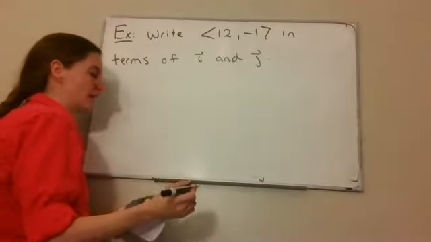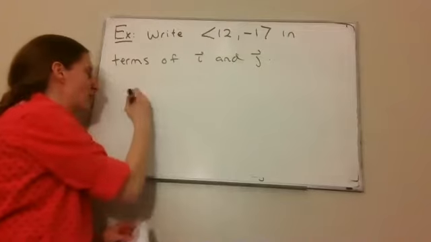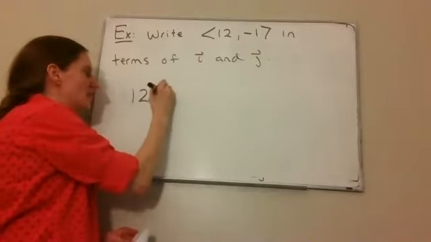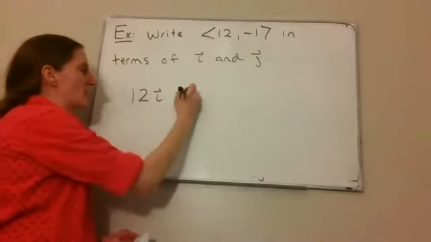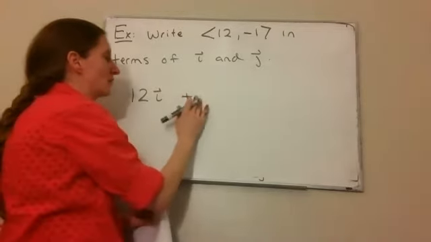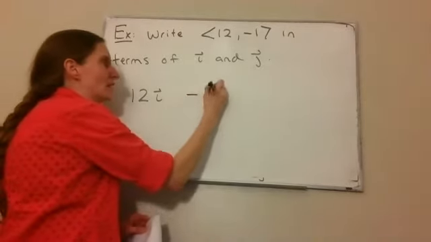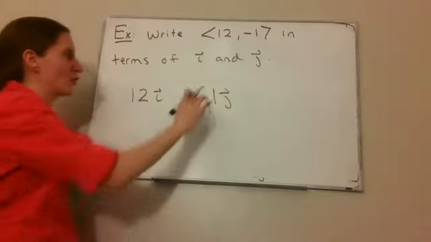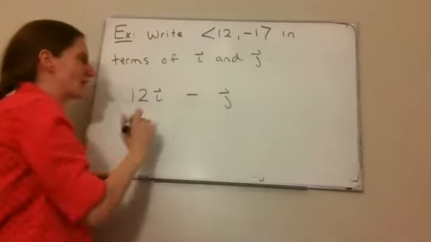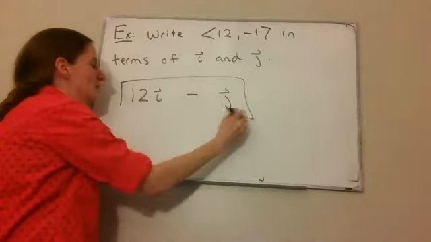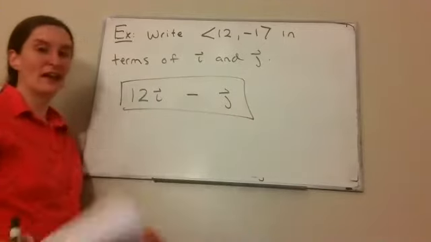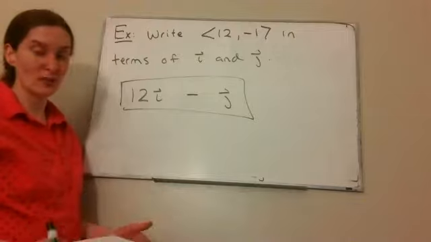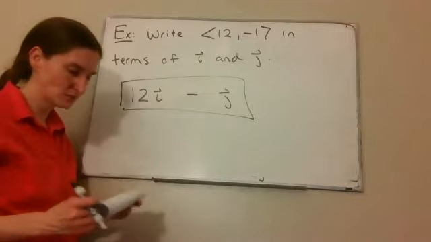Well, luckily, it's as simple as just taking your first component multiplied by vector I plus your second component, so minus 1 times vector j. And of course, we don't really need to write the 1 there, so you can just say 12i minus j, and that is the same vector, just written in terms of I and j.